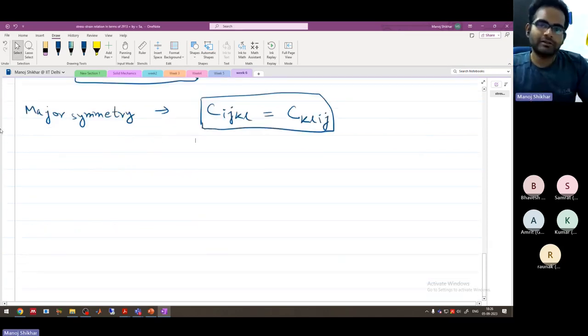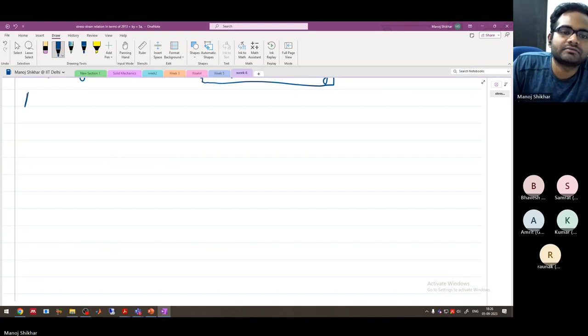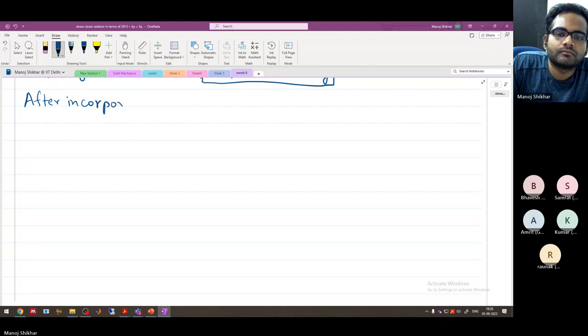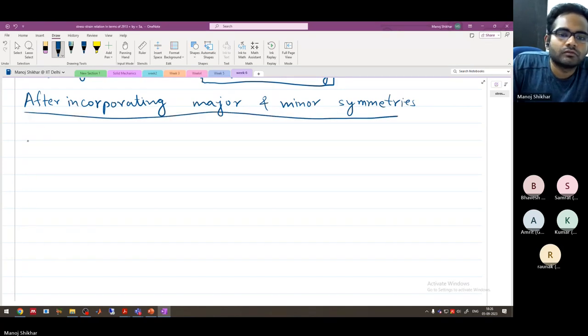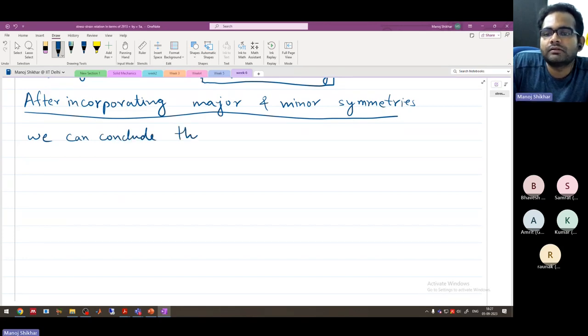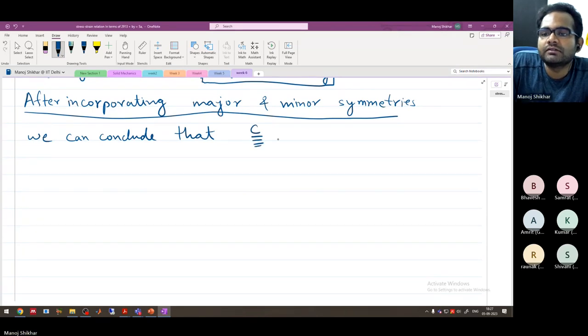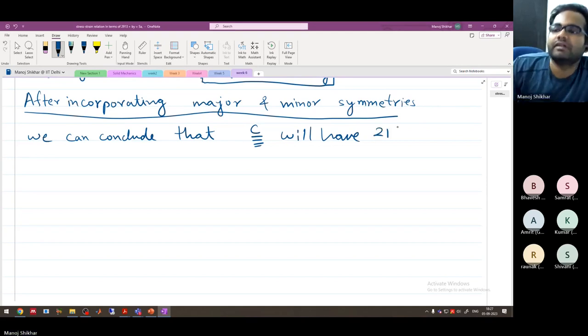So after incorporating all the major and minor symmetries, we can conclude that C tensor will have 21 independent constants.